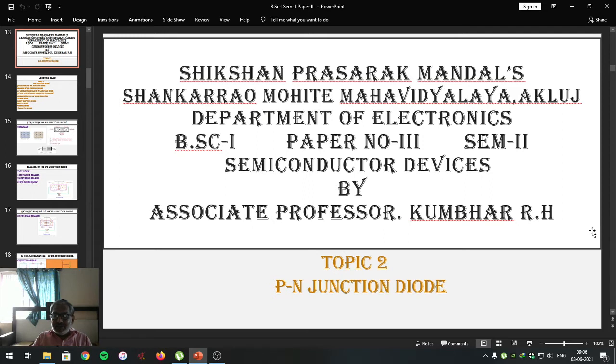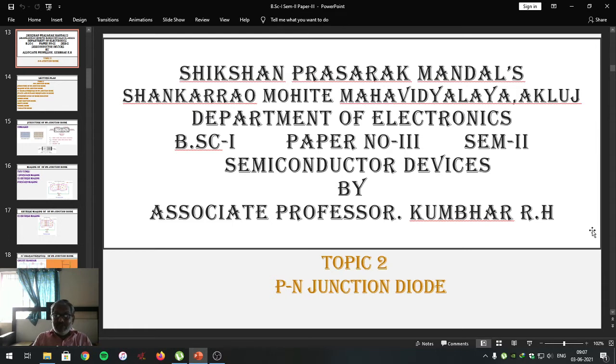the meaning of conductor, insulator, and semiconductor, which are the classification of the material. Then we started with the semiconductor. We studied its definition and its classification as an intrinsic semiconductor and extrinsic semiconductor.